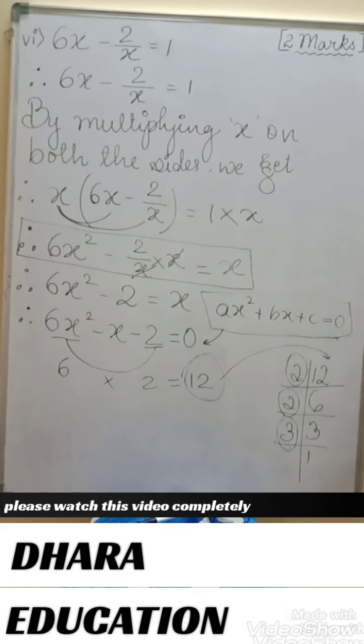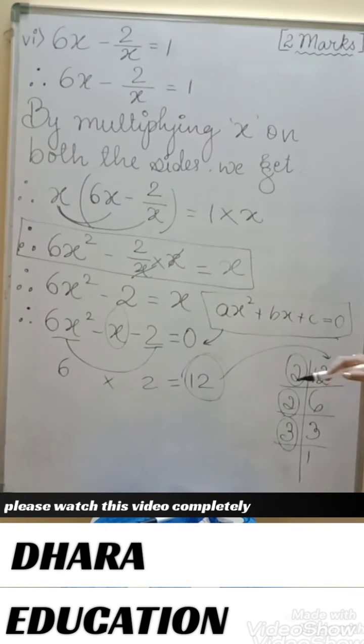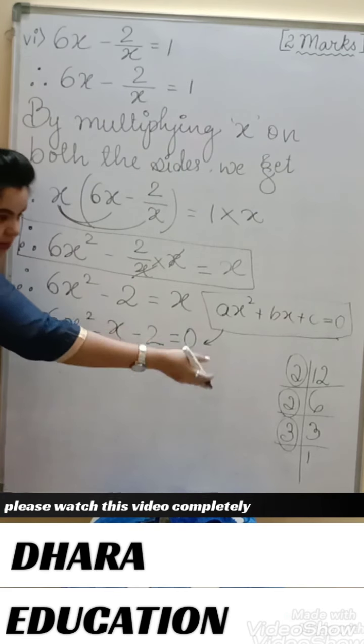Okay, but we have to calculate in such a way that we get the middle term, that is minus x. Minus x means what? Here, students, minus x means minus 1. This you need to understand. If only one variable is there, it means it has a value of 1. If it is minus x, then it means minus 1. Okay. So next, we need to split the middle term with these factors.